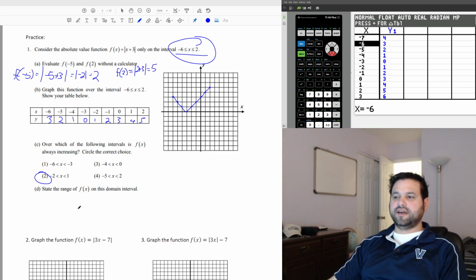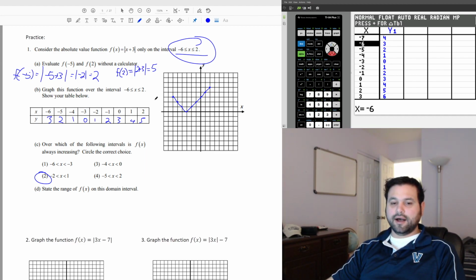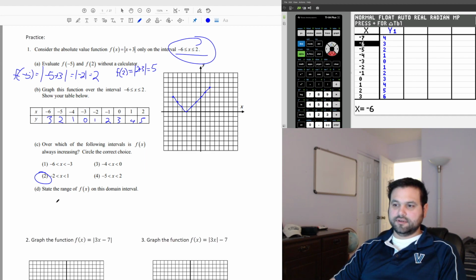State the range of f of x on this domain interval. So on the current interval we've graphed, what is the range? Well, bottom to top, right? So the very bottom, what's the y value? That's a y value of 0. And is it included? Yeah, I don't see any arrows. I don't see any open circles to say that it's not included. So that's included.